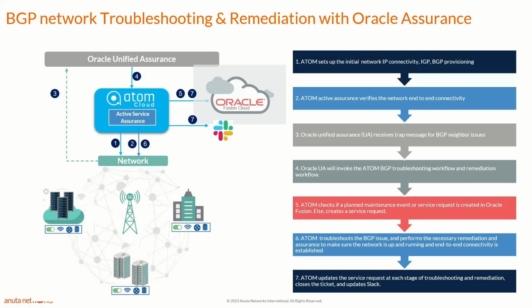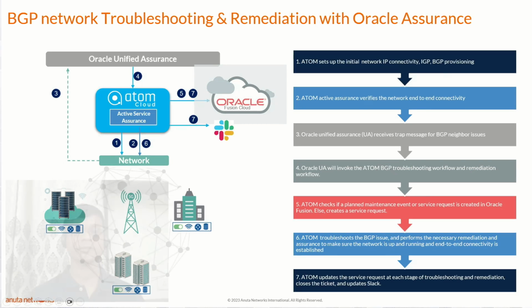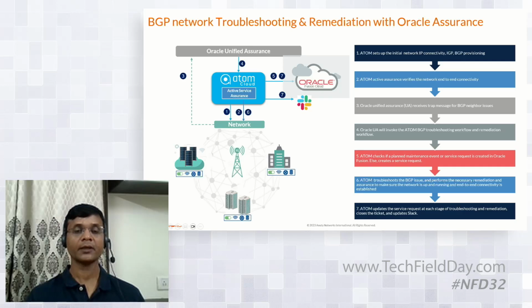The next use case is more of a closed loop automation use case. Here, Atom is configuring the underlying network. It does all the provisioning, the BGP configurations, the VPNs and everything. In case of any network outage, the Oracle Unified Assurance Platform gets notified, and this platform invokes a workflow in Atom to do the troubleshooting as well as the remediation activity.